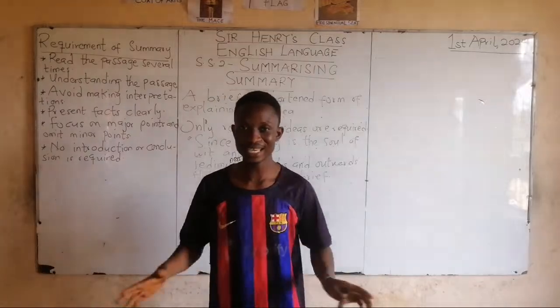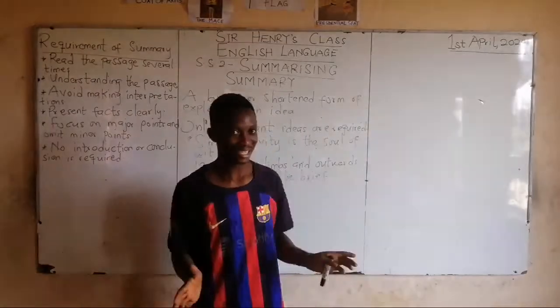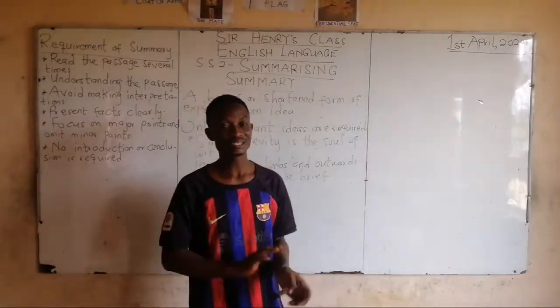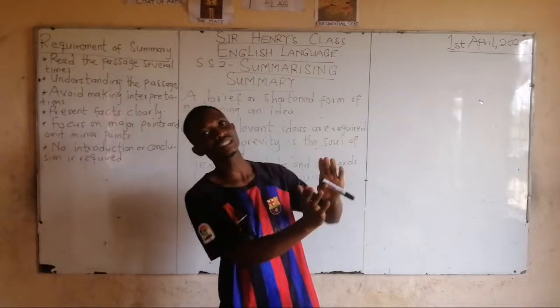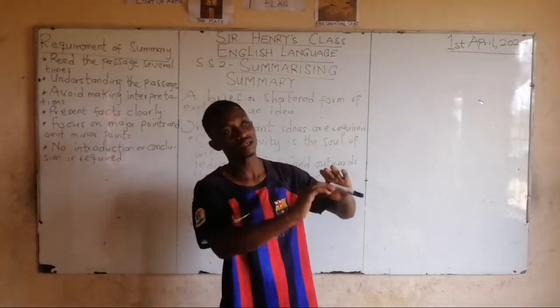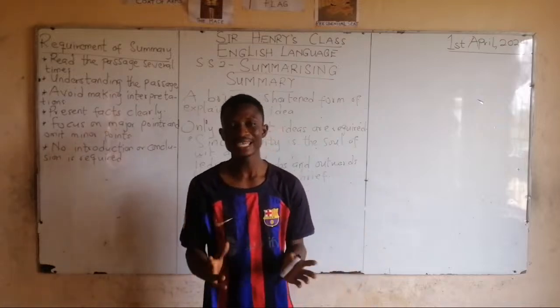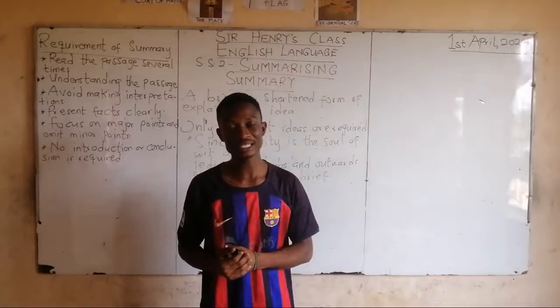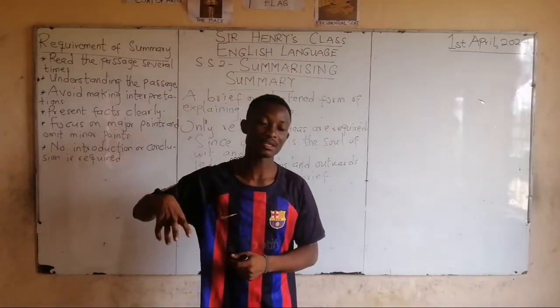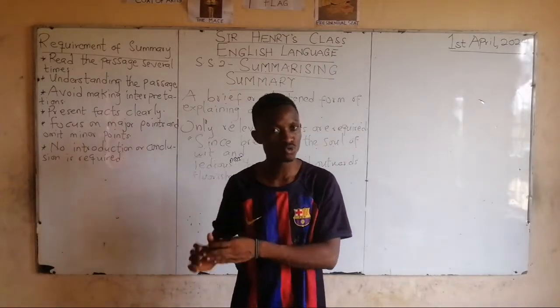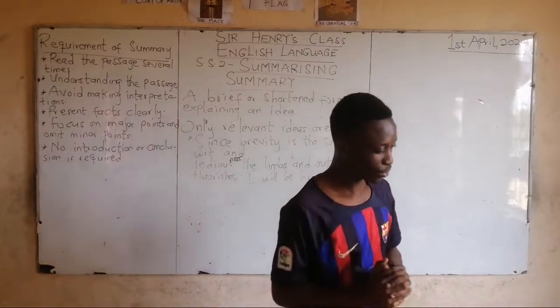Here, they are not needed. Is that clear? It's not an essay, it's comprehension. So you just write a shortened form of it. Begin from where the passage begins, and you can end where it ends. But don't write everything, only the major points. We'll look at an example and see how we go about it.